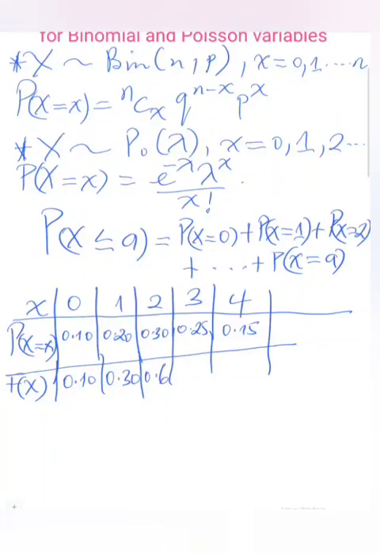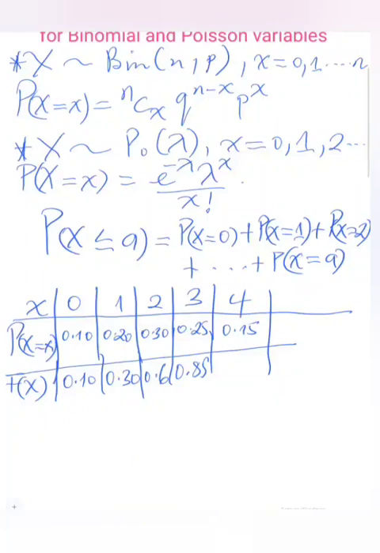And to have the cumulative of 3, I would sum up the probability values from 0 up to 3, which is simply the cumulative probability value of 2 plus the probability of 3, which gives you 0.85. And then to have the cumulative probability value of 4, I would sum up the probability values from 0 up to 4.